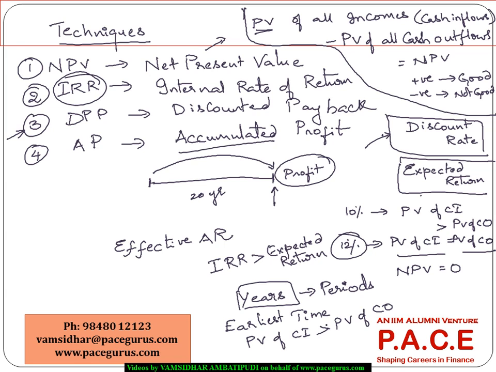Of course, there are a few numericals we would look at regarding the evaluation of the project. We look at different scenarios where we compute the net present value, the discounted payback periods, and the accumulated profits.